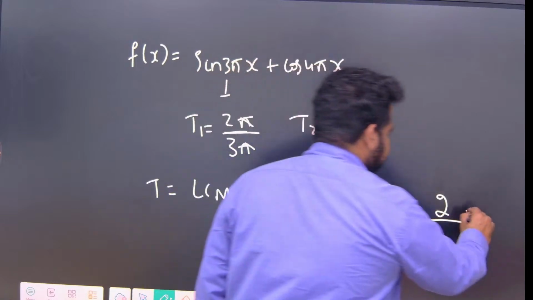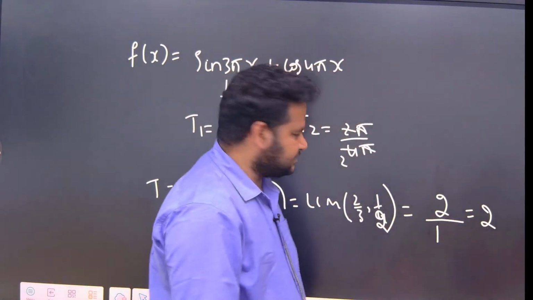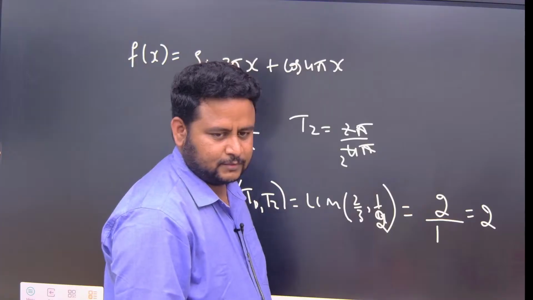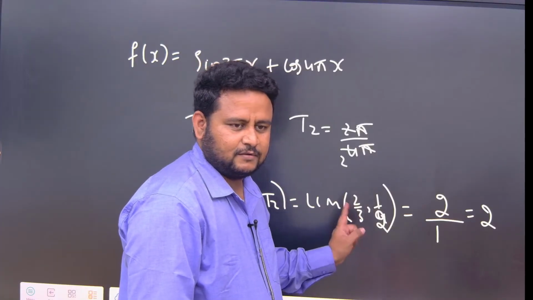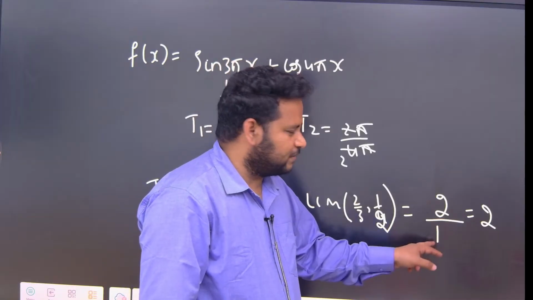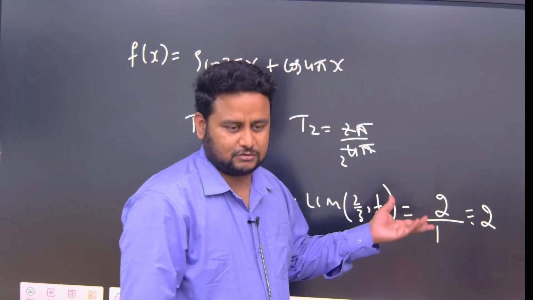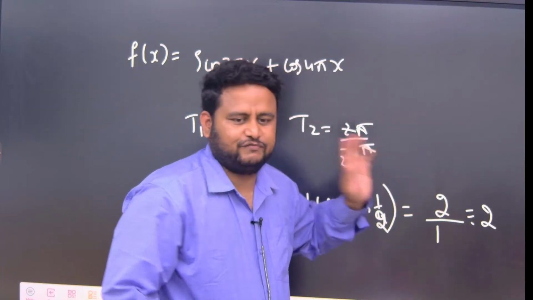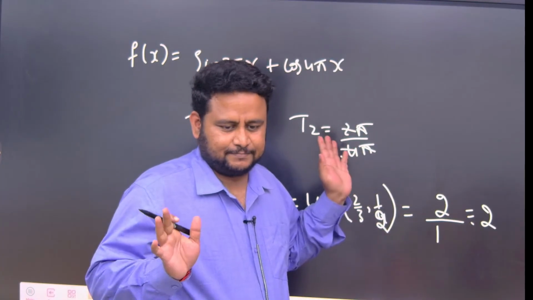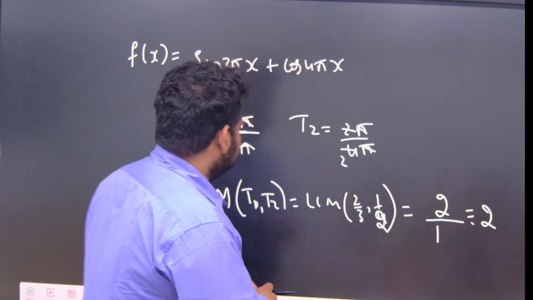So the answer is, period is 2. Sorry, it is HCF of 3 and 2 which is 1. I am thinking correctly, but I said it differently. So HCF of 3 and 2 is 1. So that is 2 by 1, the answer is 2. Clear? Like this they will give the question. You will be able to solve, na? So you should write the period of each function, write the coefficient, then take LCM. Okay, that's it. Clear?